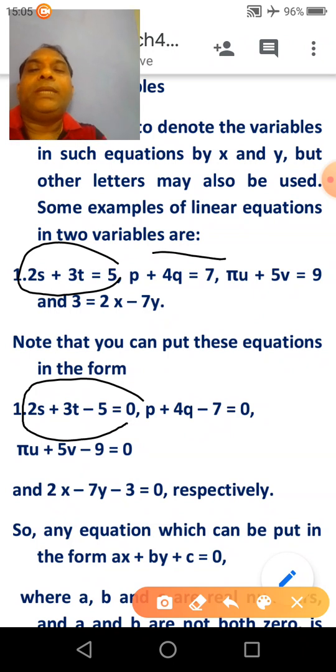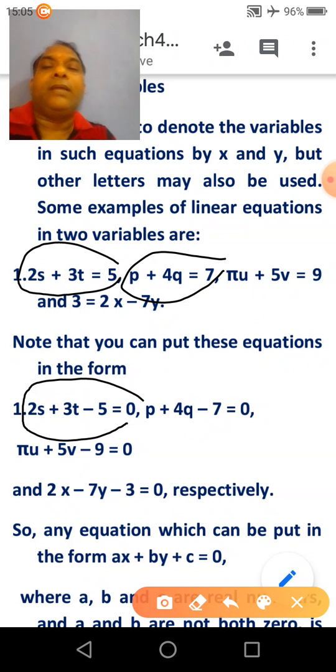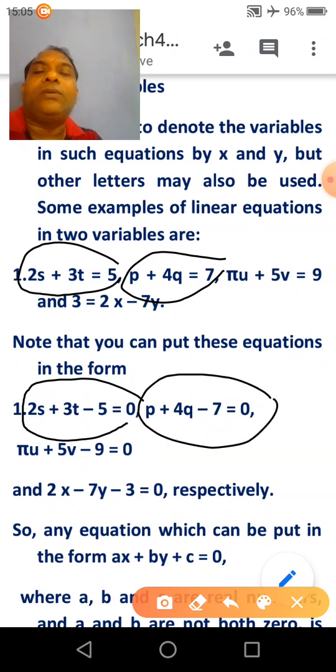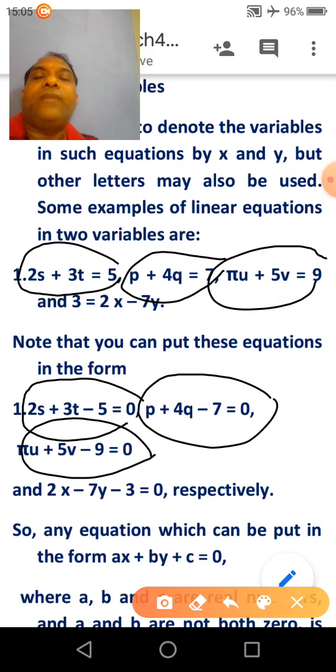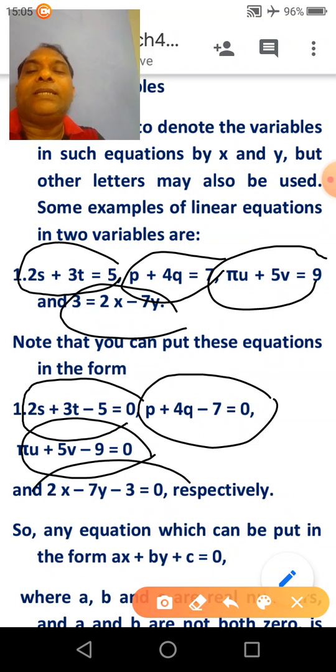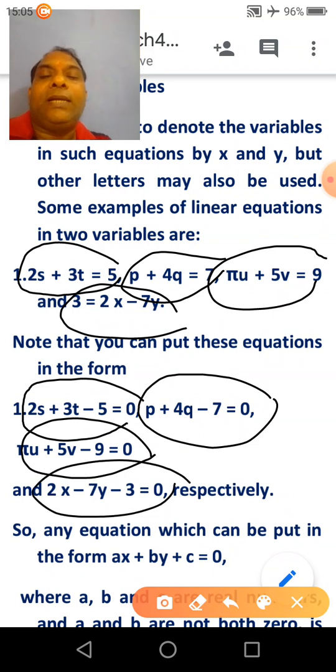Similarly, p plus 4q is equal to 7 can be written as p plus 4q minus 7 is equal to 0. Similarly, pi u plus 5v is equal to 9 can be written as pi u plus 5v minus 9 is equal to 0. Similarly, 3 is equal to 2x minus 7y can be written as 2x minus 7y minus 3 is equal to 0. You can write it. Clear?